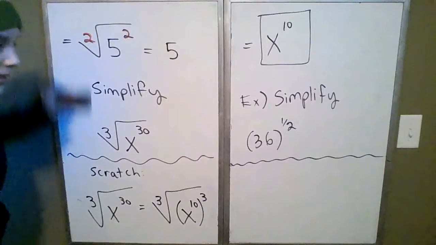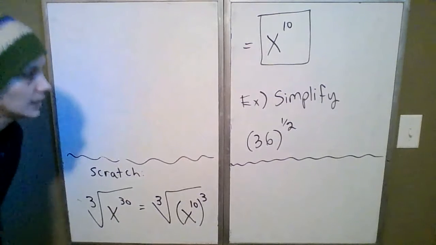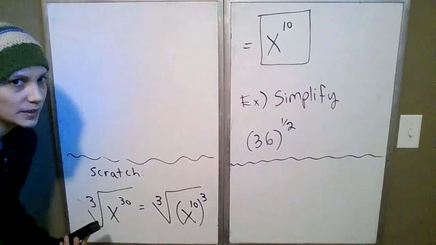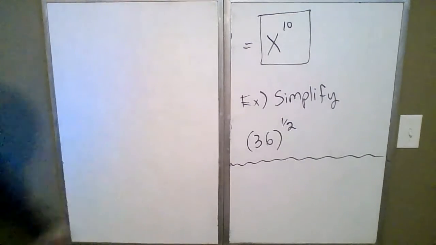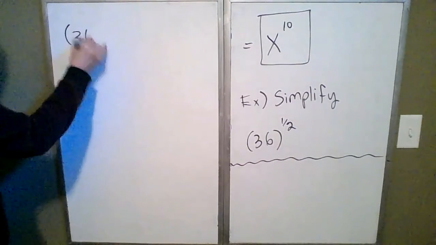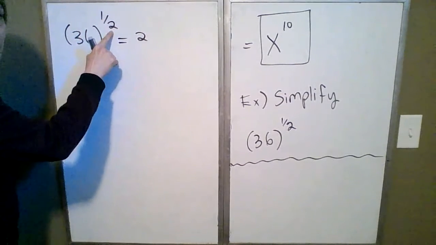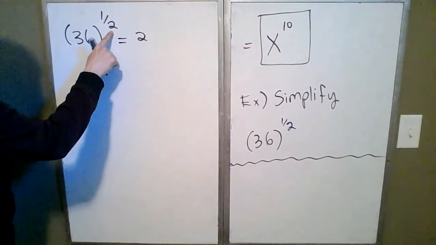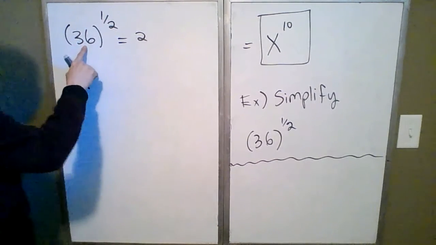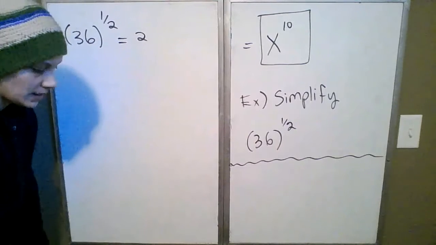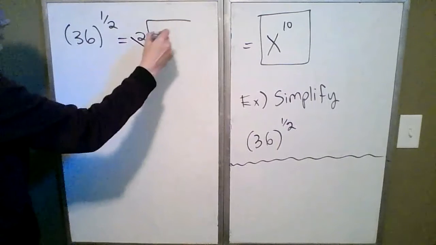So we're just going to work it out over here and I would start by rewriting the 1/2 power. It's root 2. What's in the denominator is your root. And technically what's in the numerator is going to be an exponent on what's here. We'll actually probably get to that on Thursday. But it's a square root of 36.